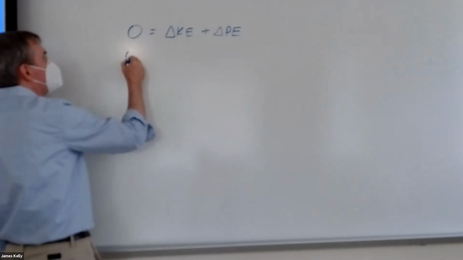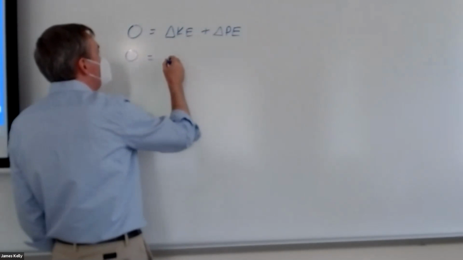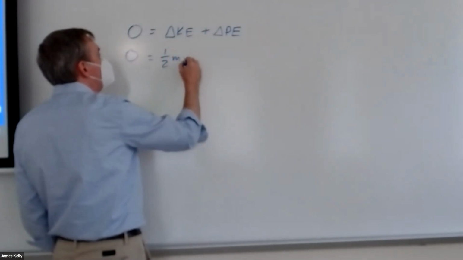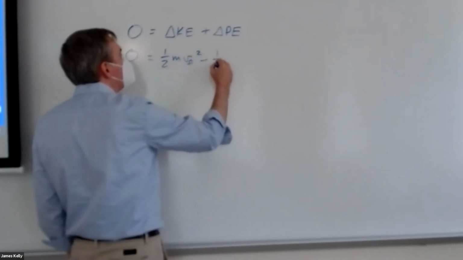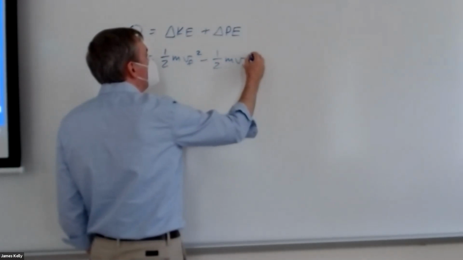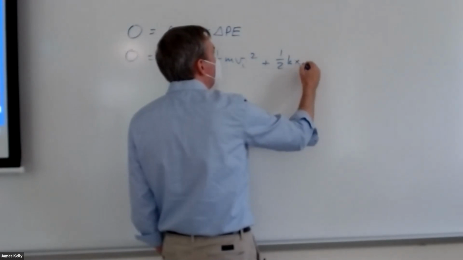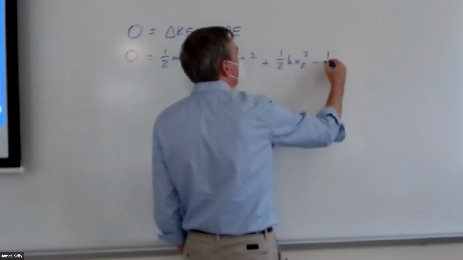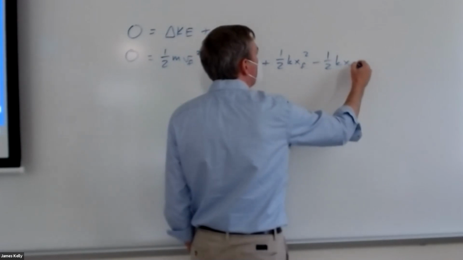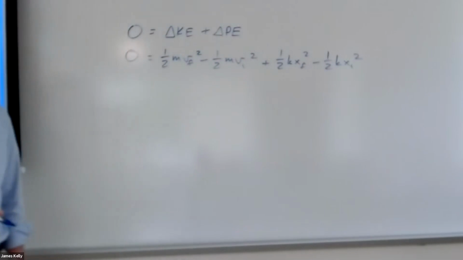Let's expand that out a little bit. This would be 1/2 mv final squared minus 1/2 mv initial squared plus 1/2 k x final squared minus 1/2 k x initial squared. We did a lot of that back in chapter 6, right?